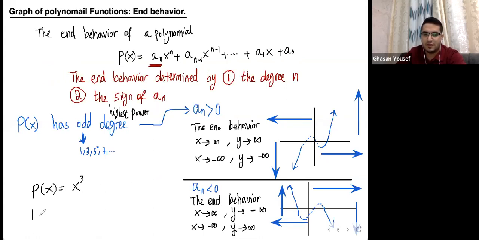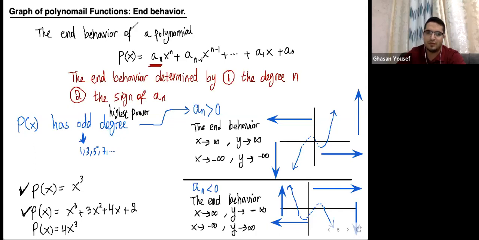But if you need a harder one, b of x equals x cubed plus 3x squared plus 4x plus 2, for example. This is an example for this polynomial. Or you can get b of x equals 4x cubed, for example, or minus 2x cubed plus 3x squared minus 4.